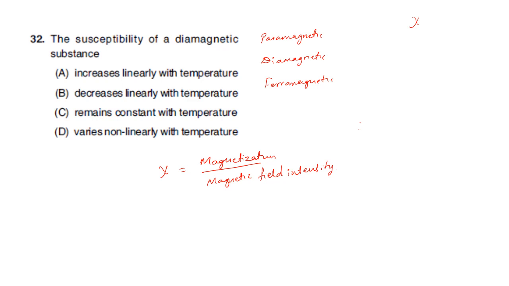If chi is positive, then we will say that it is paramagnetic material, and here chi is inversely proportional to temperature, and for diamagnetic materials chi is negative and it is independent of temperature.